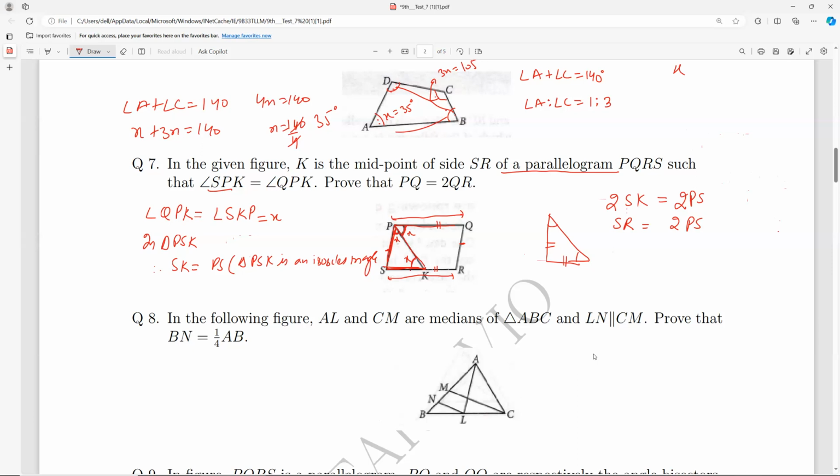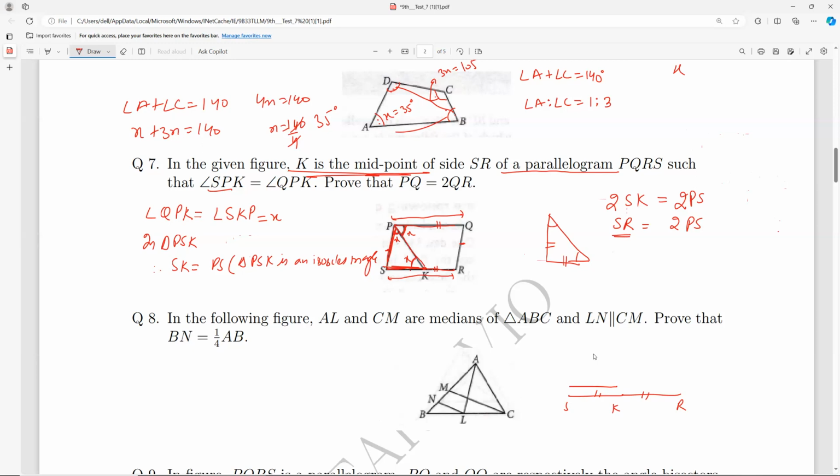Now this is SK and this is KR, and they both are equal. So SK plus SK, or 2 times SK, will be equal to SR, because K is the midpoint. Are you getting, sir? Yes, sir. Got it.